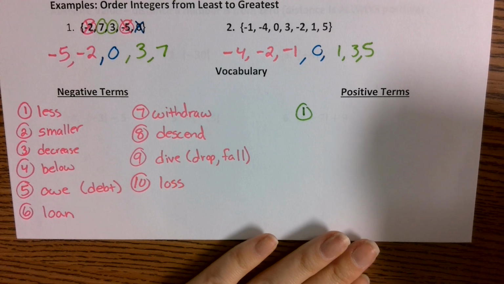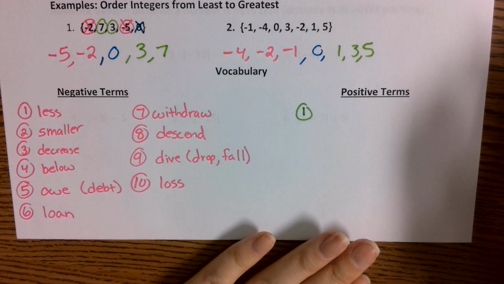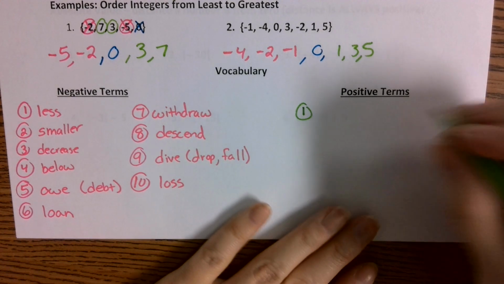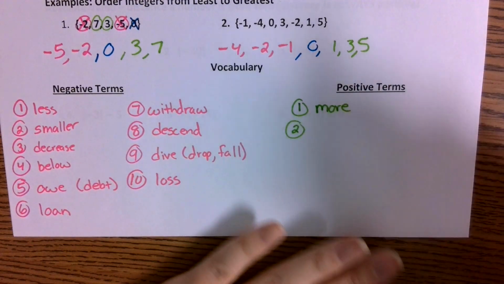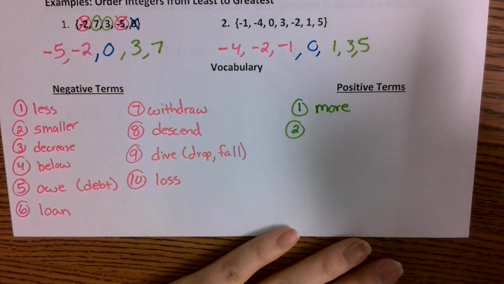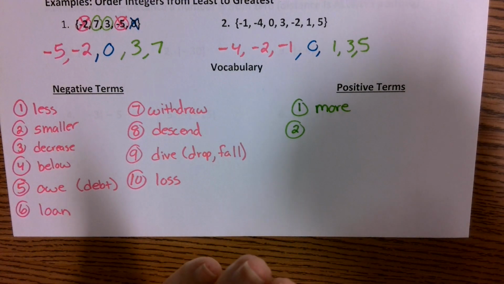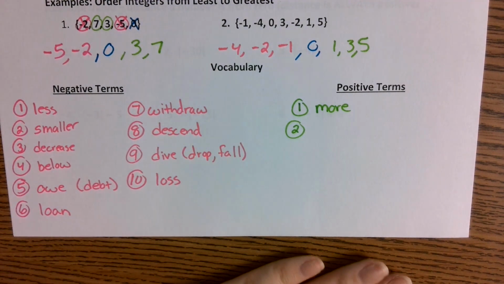Their positive terms. So, who can raise their hand and tell me what is the opposite of the term less? AJ? More. Okay. What is the opposite of smaller? Ooh, I got a lot of stuff. What's your name, honey? Christopher.